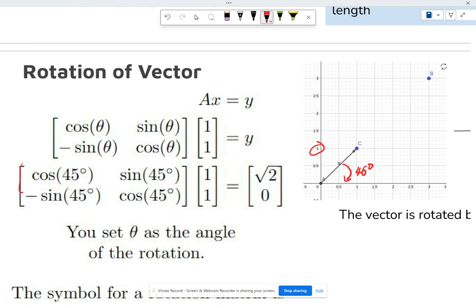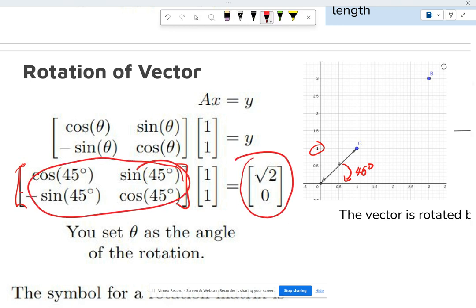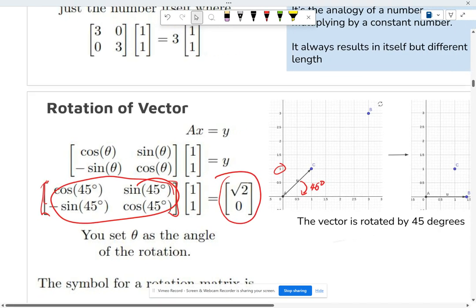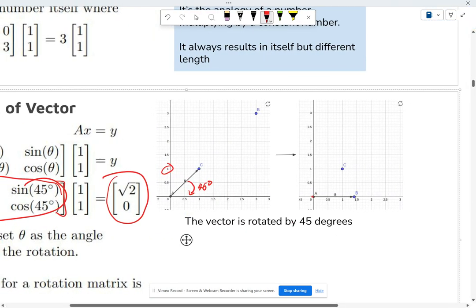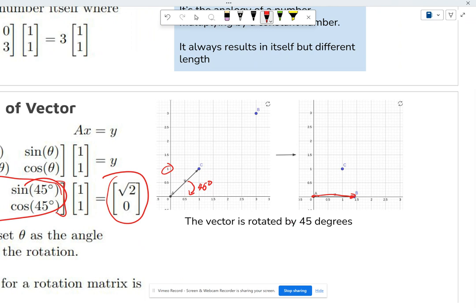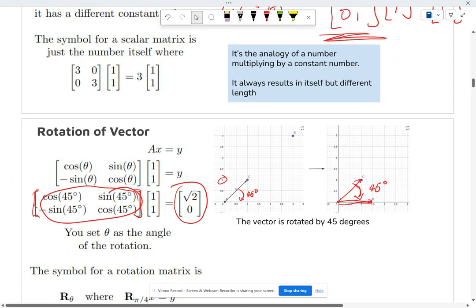And this creates the matrix you want. So you plug 45 degrees in. Notice after you multiply this out, you're going to get square root of 2 and 1, right? Square root of 2 and 1. So it previously was here, and now it has rotated onto this by 45 degrees. Okay, so that's how you do rotation.